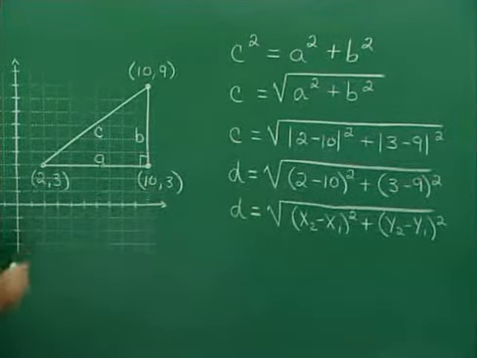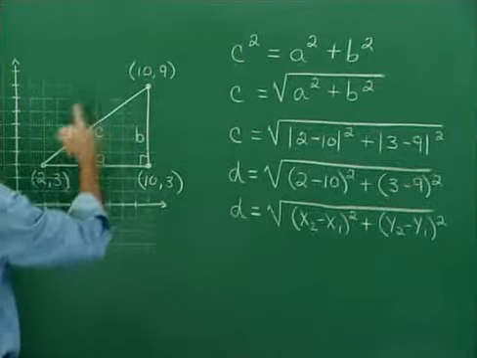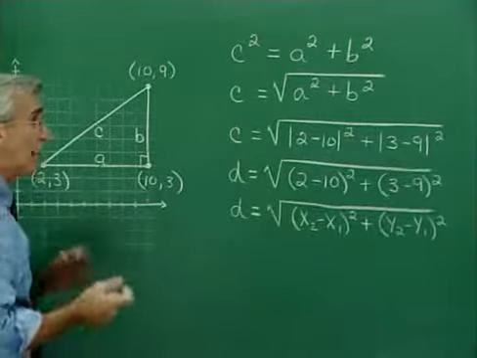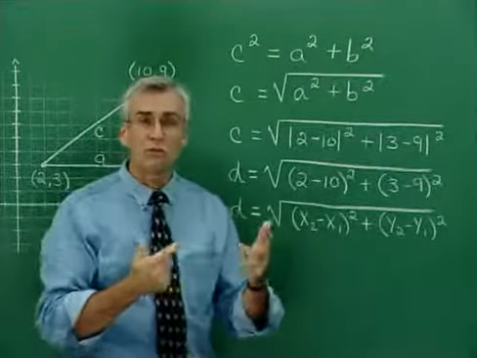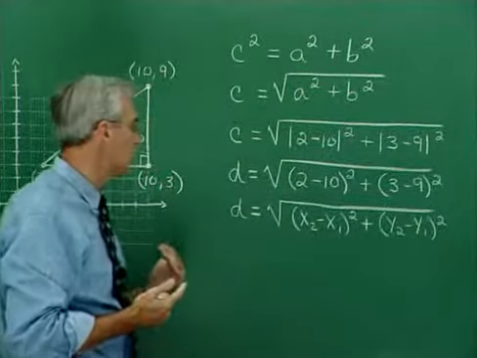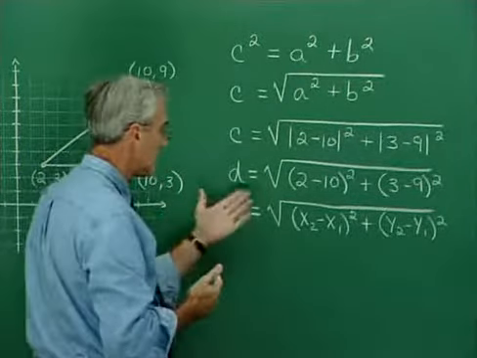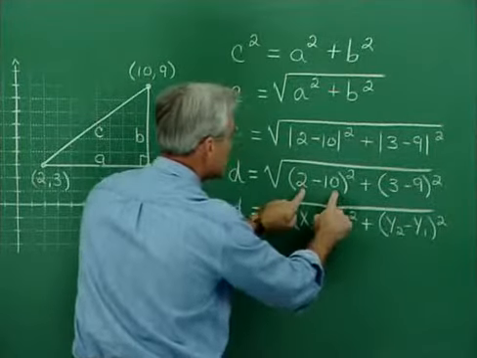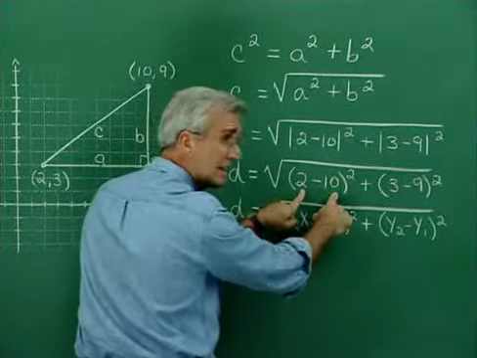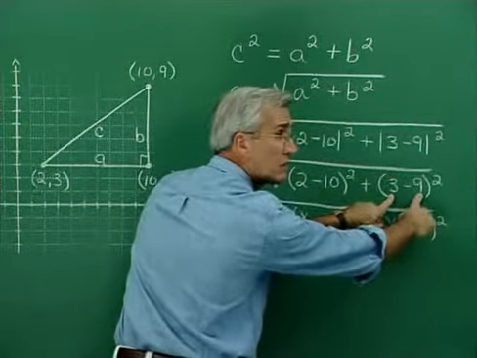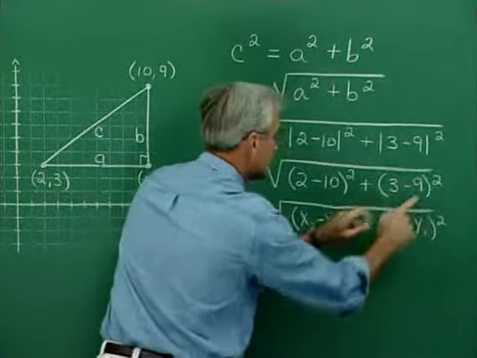Now, to generalize the situation, whether I was using the points 2, 3, 10, 9, or simply x, y, or x1, y1, x2, y2, you see, I could use general points to develop this distance formula. And the distance formula then emerges like this. This is just a difference in x components, or a distance in horizontal distances, and this is just a difference in y components, or a difference in vertical distances.